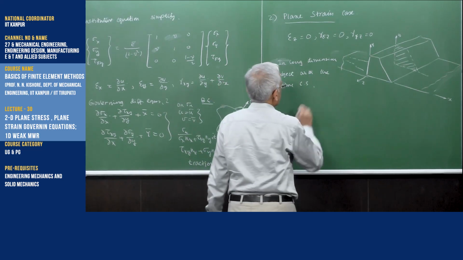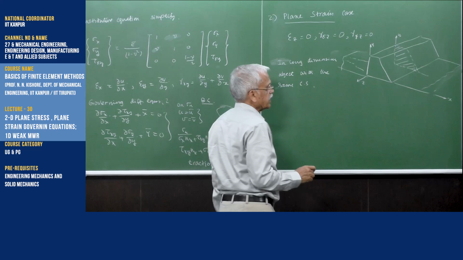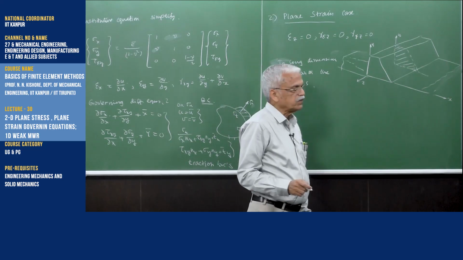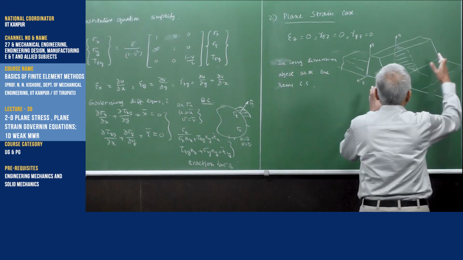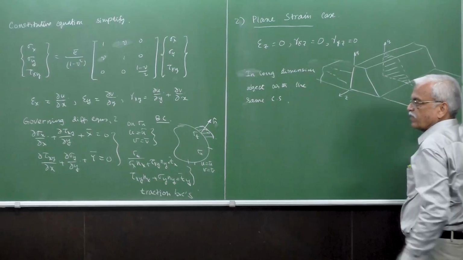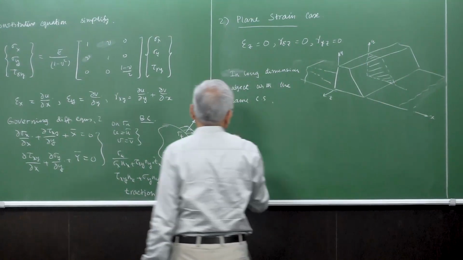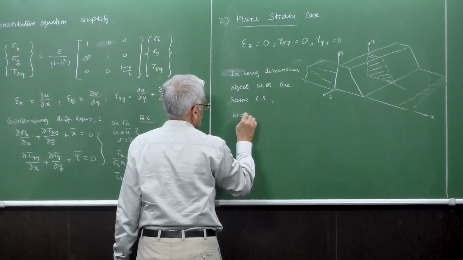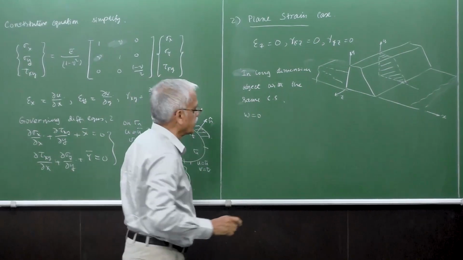So that's number one. Number two is that assuming that this is very long and the ends are constrained, we know that W is equal to 0. The displacement in the Z component is 0.